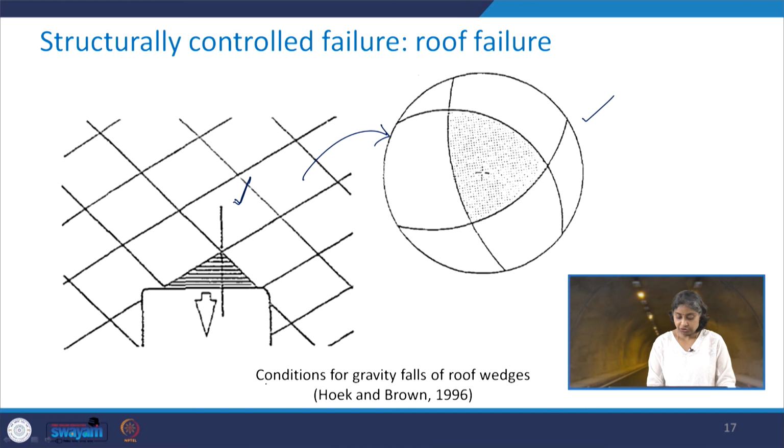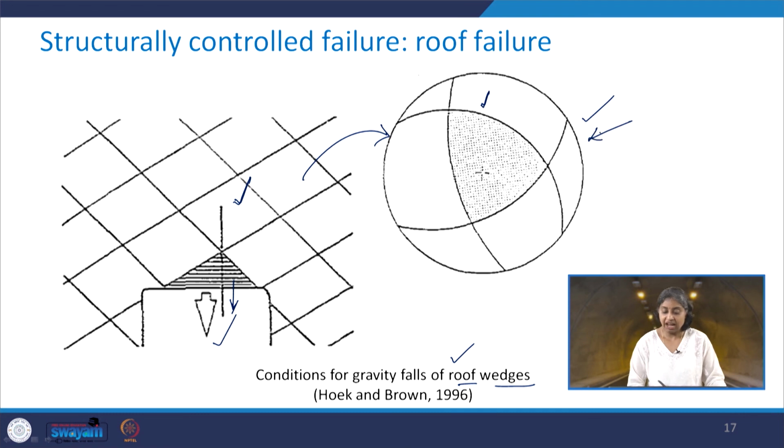Here that shows the condition for gravity fall of roof wedges. If this condition is not satisfied, there will not be a gravity fall of the roof wedges. For the wedge to fall under gravity from the roof into the excavation, the stereographic plot must look like this; only then will this condition happen, otherwise not.